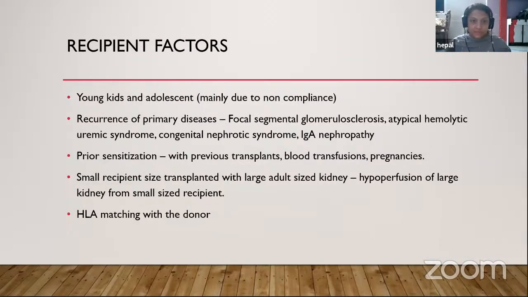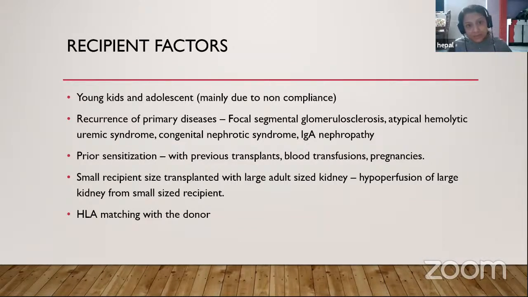Recipient factors. Young kids and adolescents may have more chances of chronic allograft nephropathy, mainly due to non-compliance to the medicines. Recurrence of primary disease: focal segmental glomerulosclerosis, atypical HUS, congenital nephrotic syndrome, IgA nephropathy, C3GN nowadays.